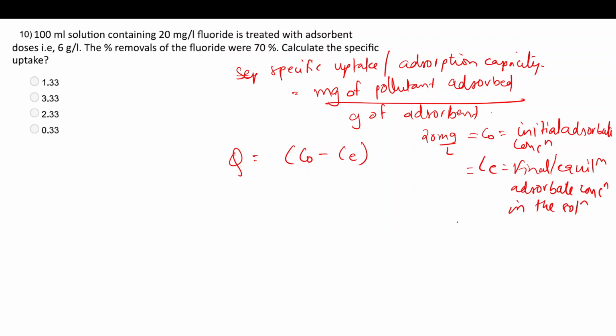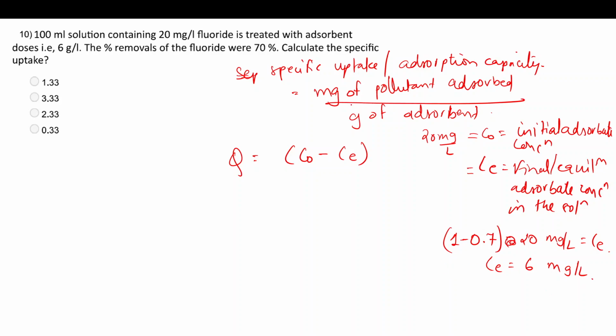So the final concentration will be 1 minus 0.7 into 20 milligram per liter equals Ce. This will be the amount of fluoride remaining in the solution. So this is 6 milligram per liter.